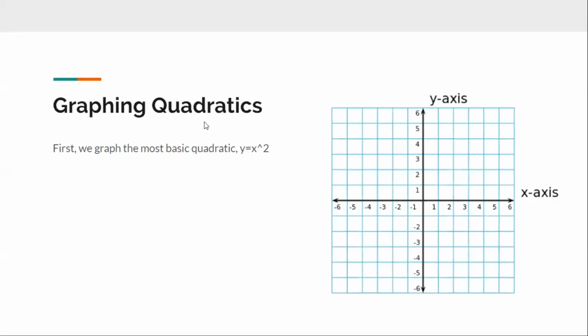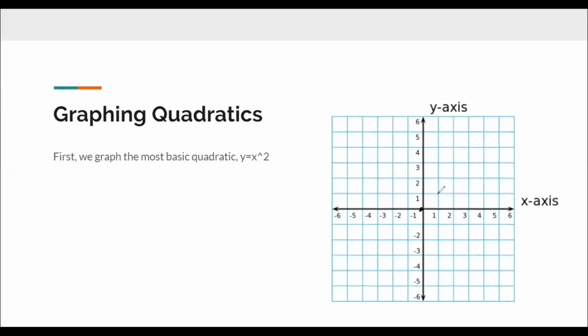Okay, graphing quadratics. To understand graphing quadratics, you first want to memorize the graph of y is equal to x squared, because most quadratics are a shift of y is equal to x squared, or a dilation of it in a way. For the graph of y is equal to x squared, you can plot 0, 0, then 1, 1, and then 2, 4.